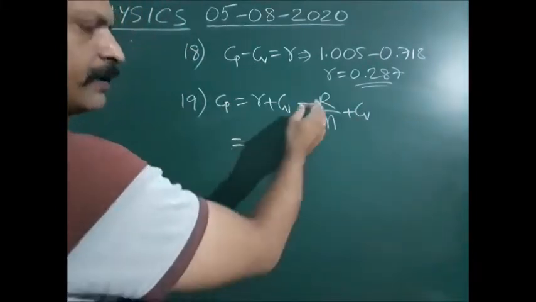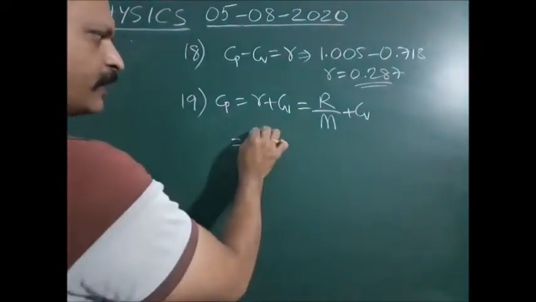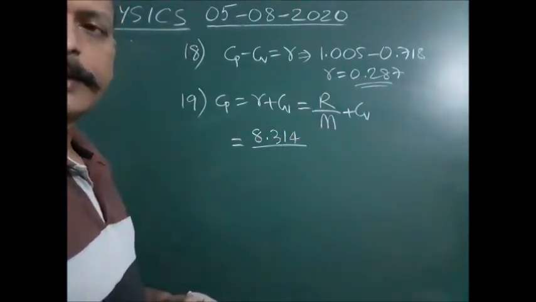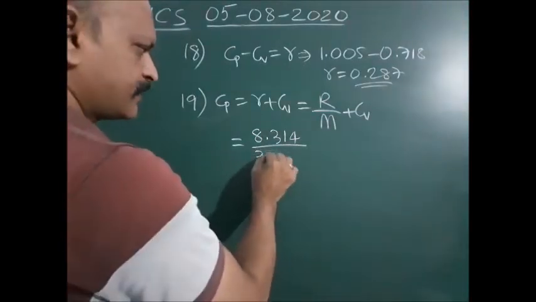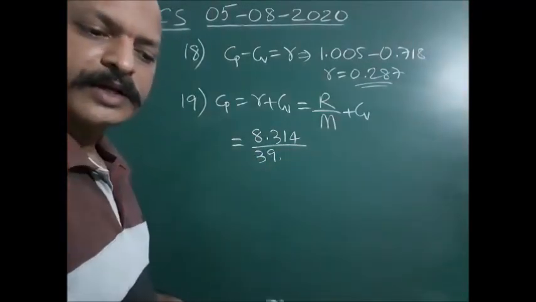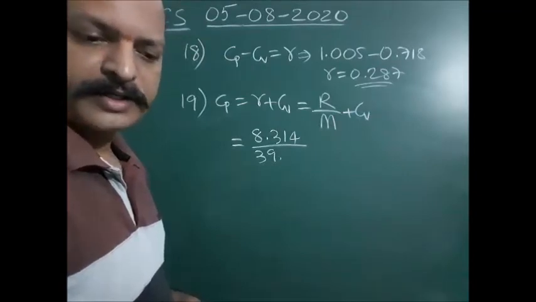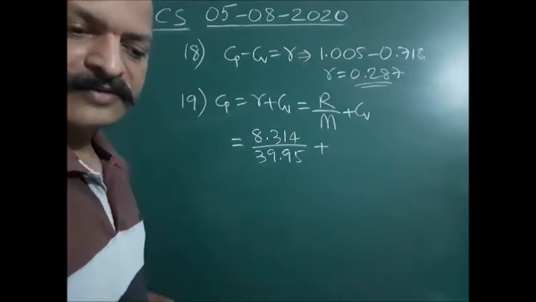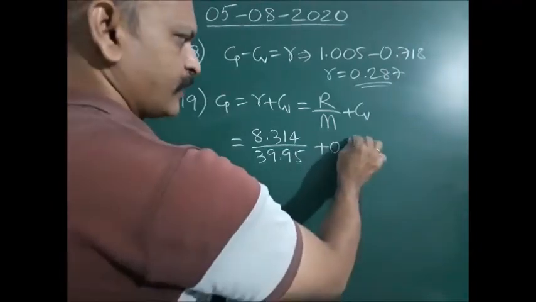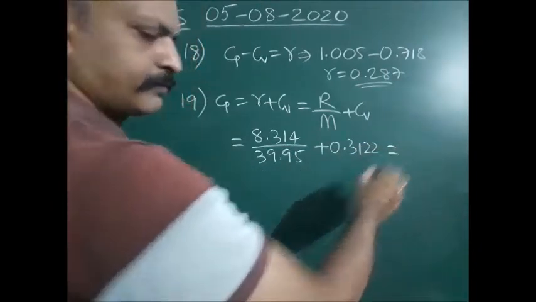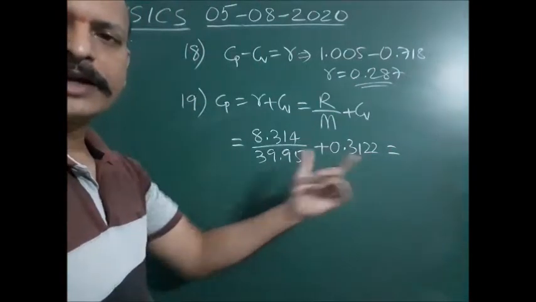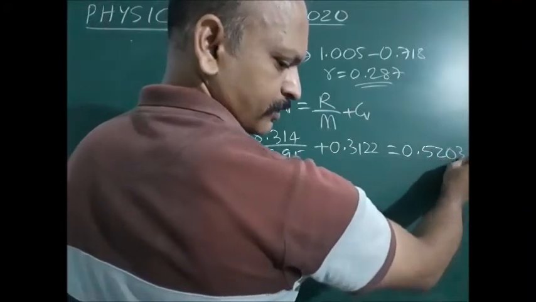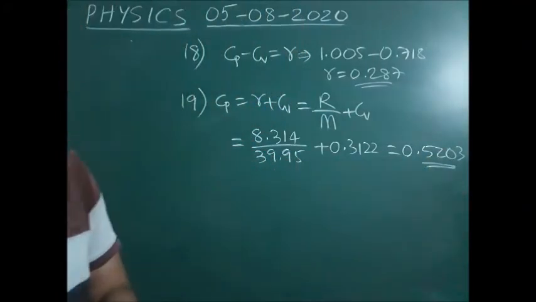Capital R value is 8.314 by M, the gram molecular weight for argon, which is given as 39.95. Cv value is given, 0.3122. Now if we calculate this, we will get 0.5203.